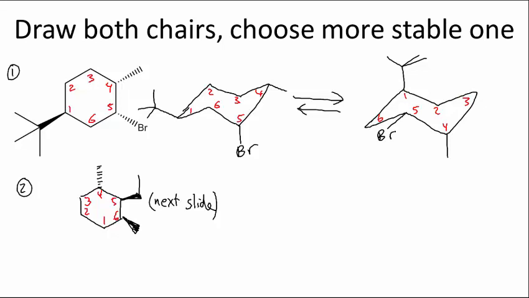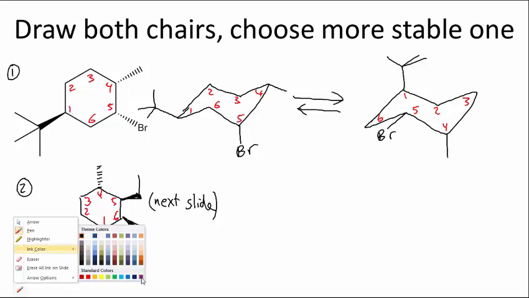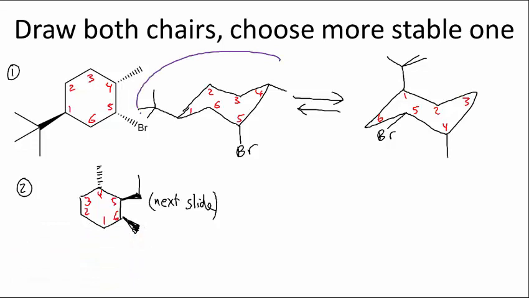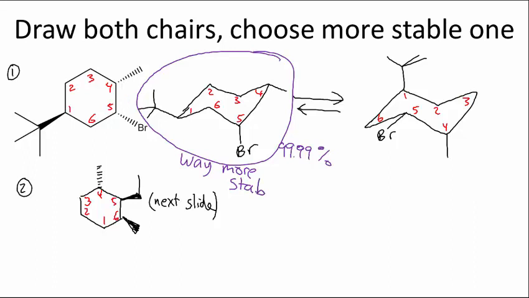And between these two, this one on the left would probably represent like 99.99% of molecules would be in that conformation because it's way more stable. You might ask why we care about that.